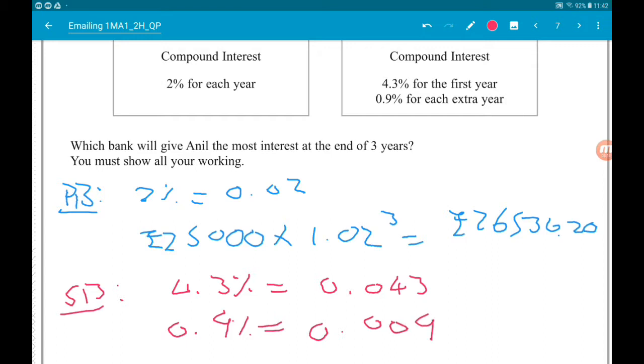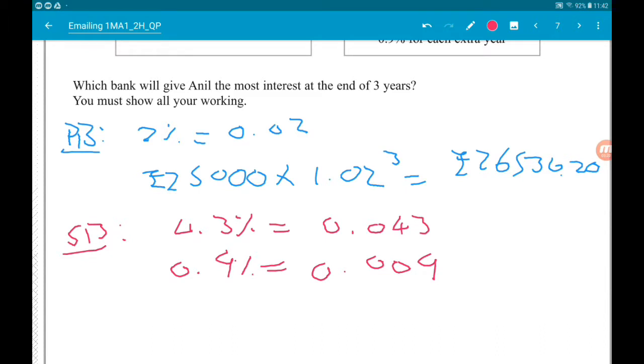Now you could work out first of all how much he's going to have after that first year. So to do that, he would do 25,000 times 1.043.